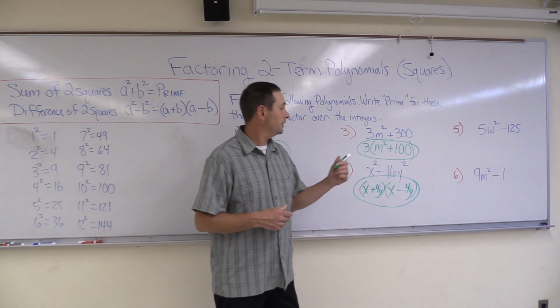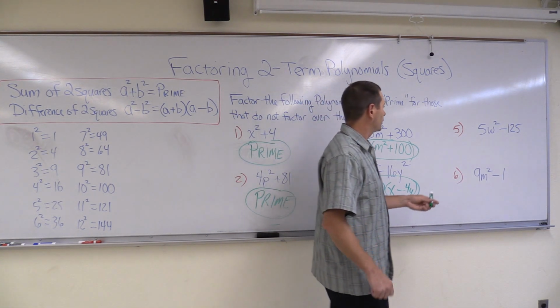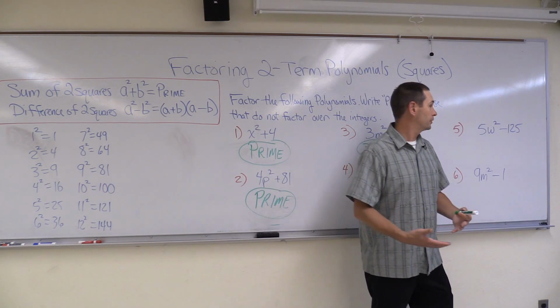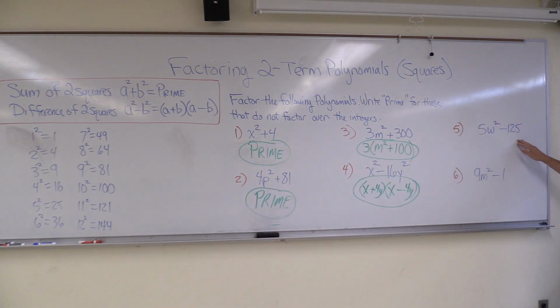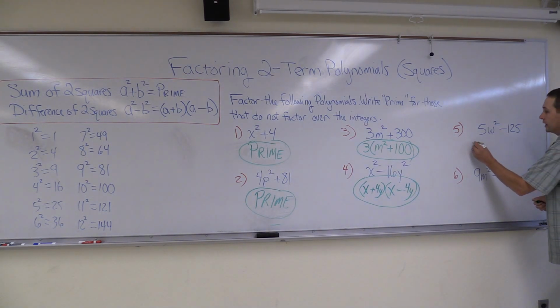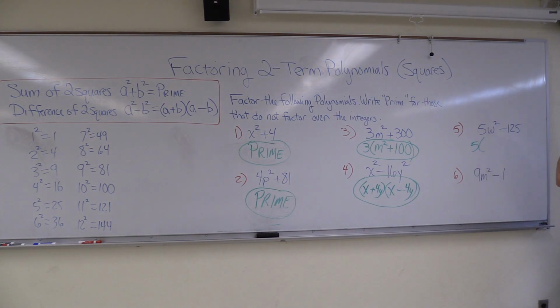All right, number 5. We have 2 more examples here. I'm looking at this one, same deal. The golden rule of factoring is always look for a GCF because I recognize it's a square, it's a minus, I'm thinking difference of two squares. That's not a perfect square number either. But golden rule of factoring, take out that GCF. Now I'm left with w squared minus 25. And hey, now this thing is the difference of two squares.